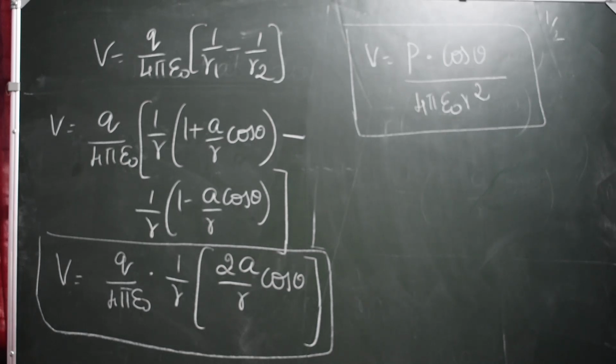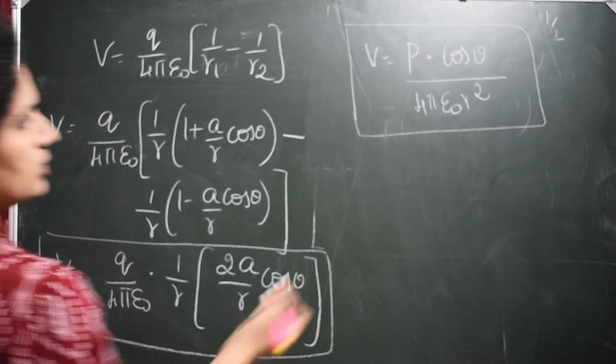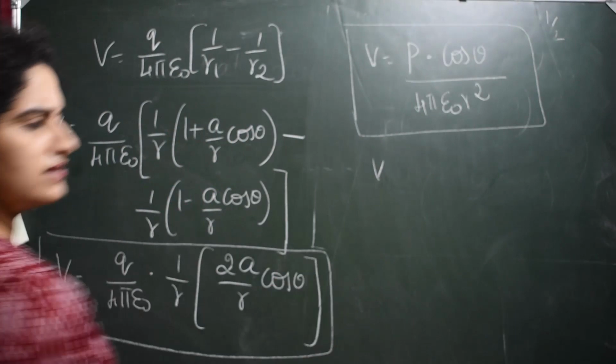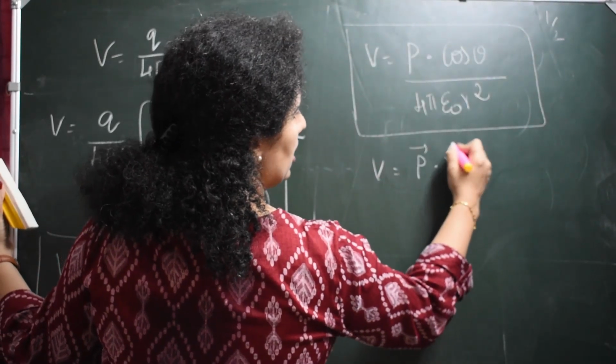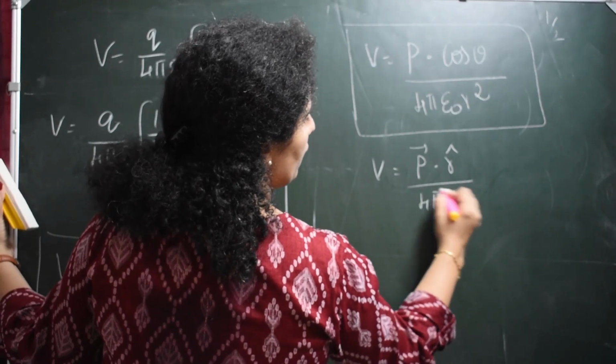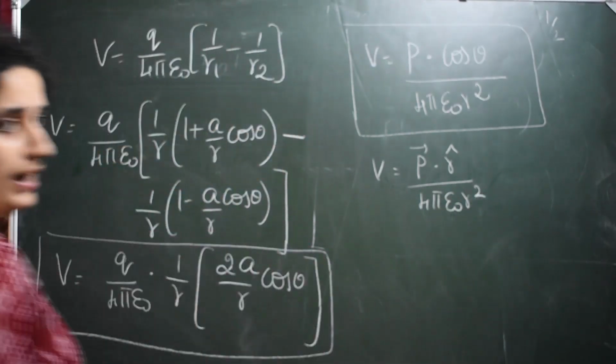Now this P cos theta we can write as P dot r. P cos theta can be written as vector P dot r cap. Just for a simplification, if you write this much is also correct. So vector P dot r cap divided by 4 pi epsilon naught into r square.